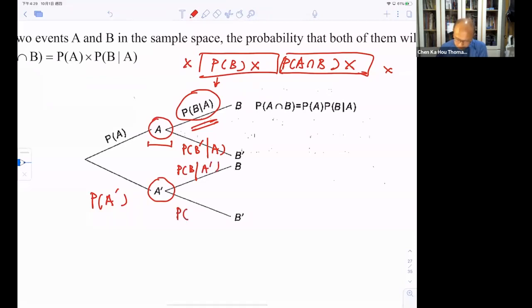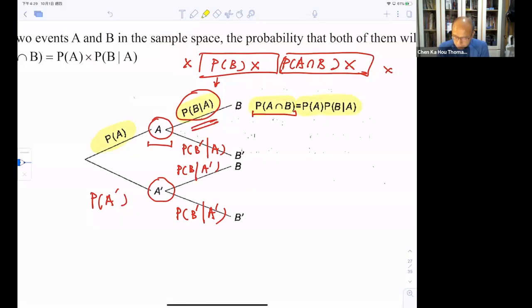This one is P(not B given A), and this one is P(not B given not A). Be careful. To find the intersection, we multiply this one and this one, and you get this one.